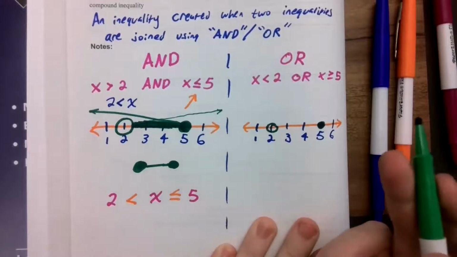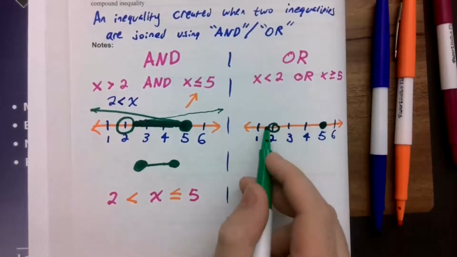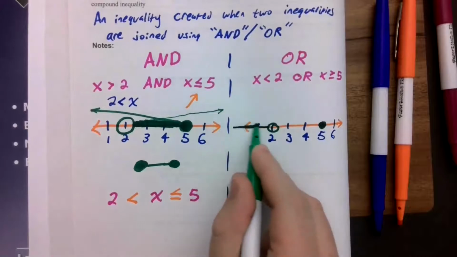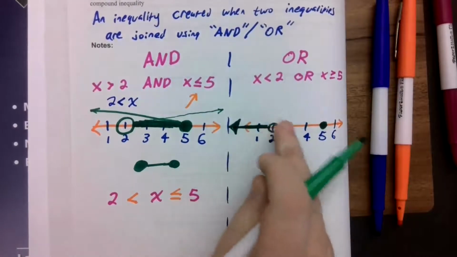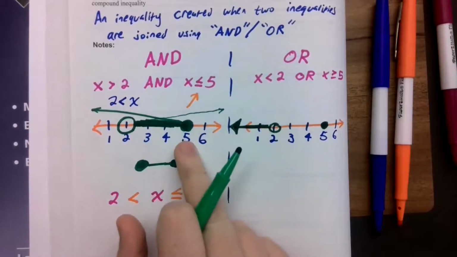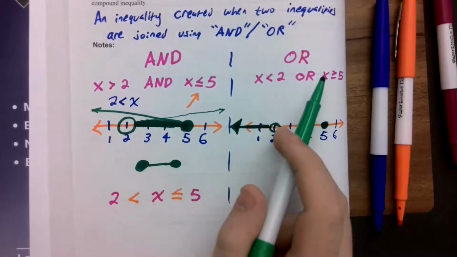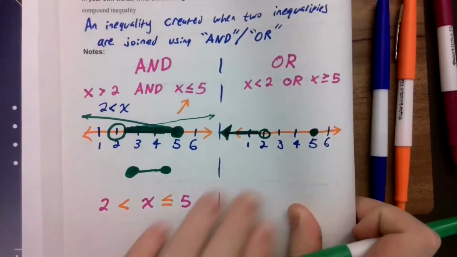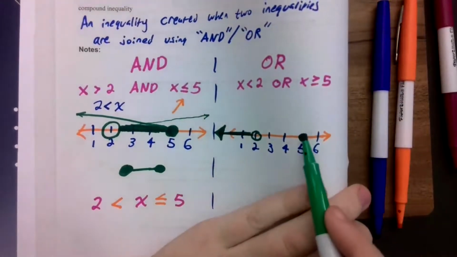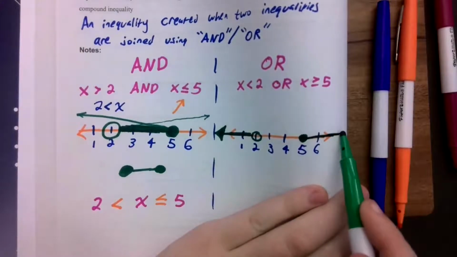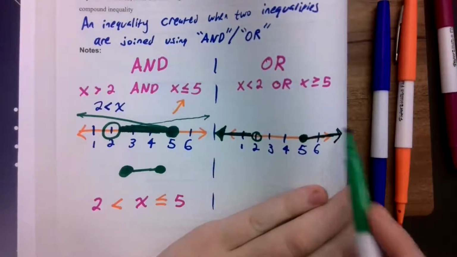Either one will work. So that means when x is less than 2, it'll go down to 1 and 0 and -1 and -2. Everything that way will work. But x is also going to be fine when it is bigger than or equal to 5. So 6 is bigger than or equal to 5, and so is 7 and 8 and 9, and so on and so forth.